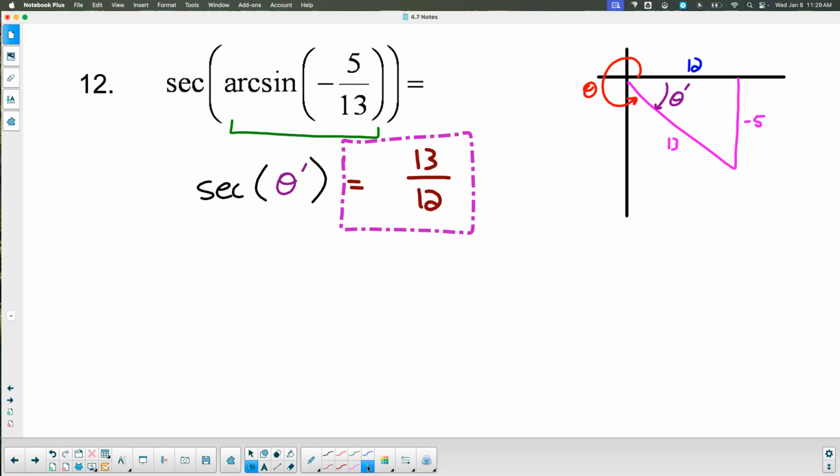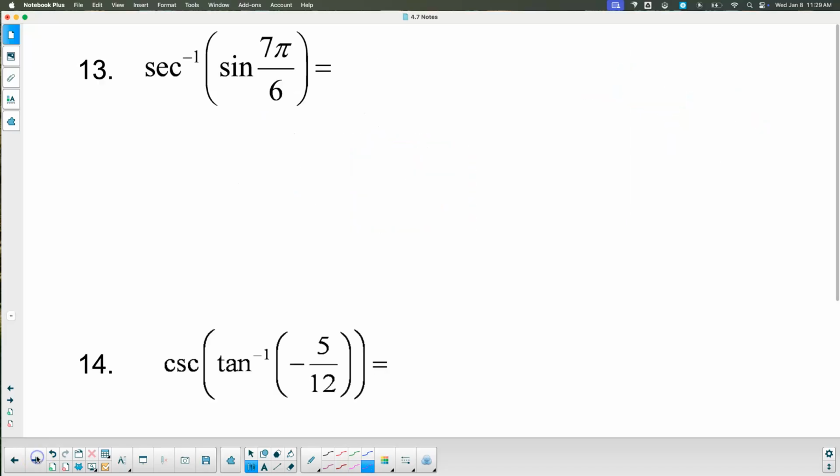Okay. Try those two. Sine at 7 pi over 6 is -1/2.